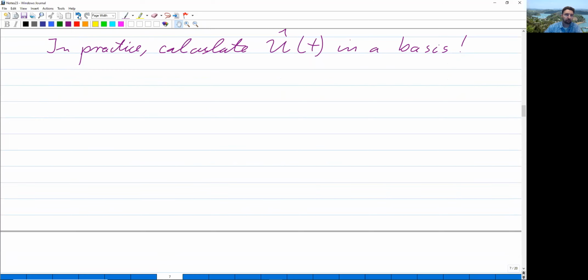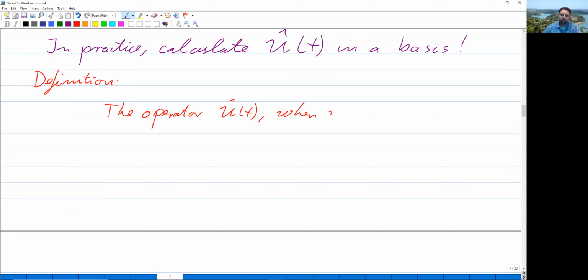Let's make a definition now. Definition. The operator u hat of t, when written in a basis, and let's give this basis a name.